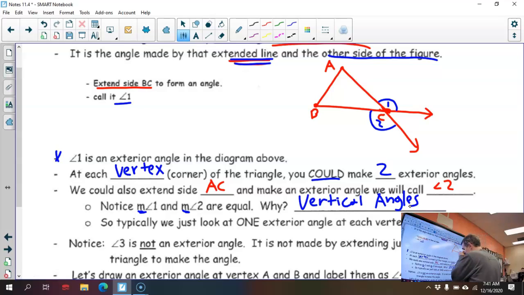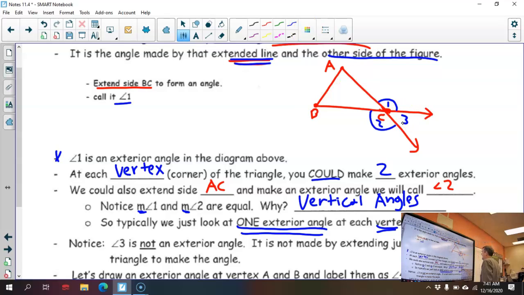And so typically, because those two angles are equal, we look at just one exterior angle at each vertex. Even though technically you can make two of them, we really only talk about one exterior angle at each vertex. And I want you to notice something else.